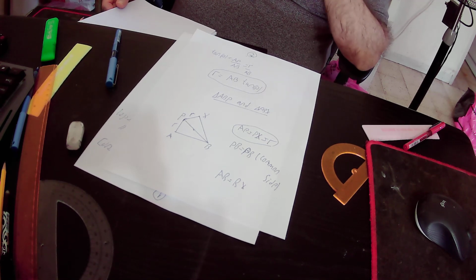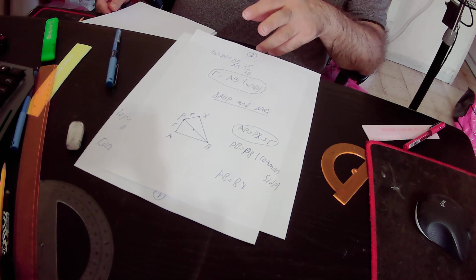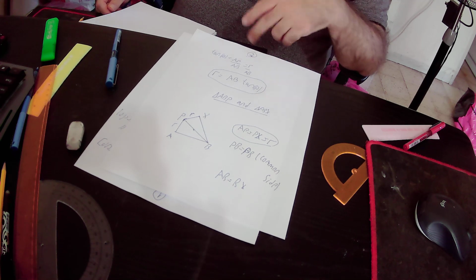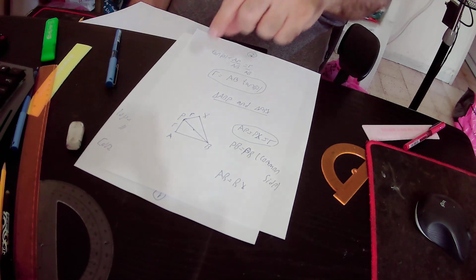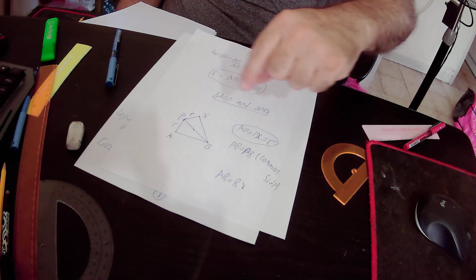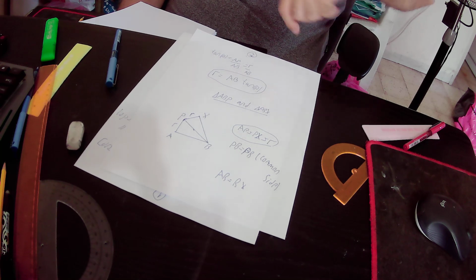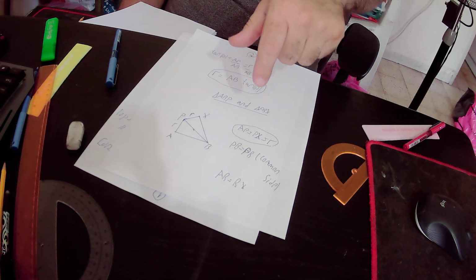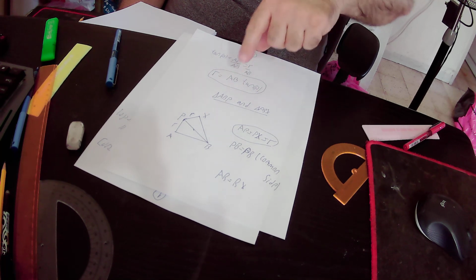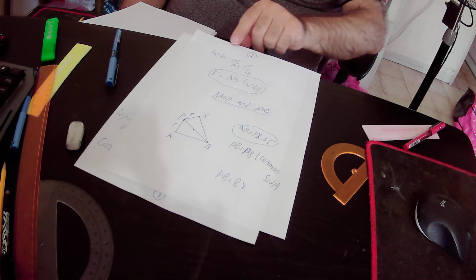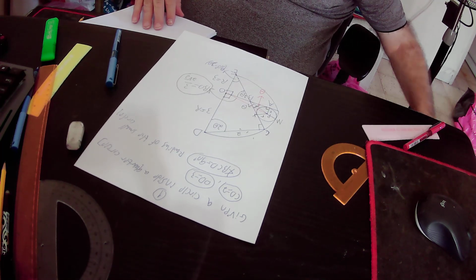Okay, then we proved that triangle ABP and triangle PBX are congruent to each other, because AP equals to PX equals to R. Both of them are the radiuses of the small circle. PB is the common side, and AB equals to BX according to the two tangents theorem.